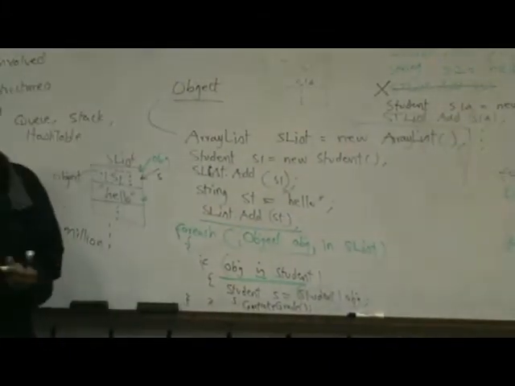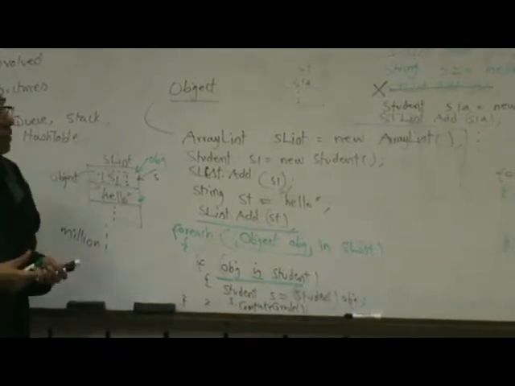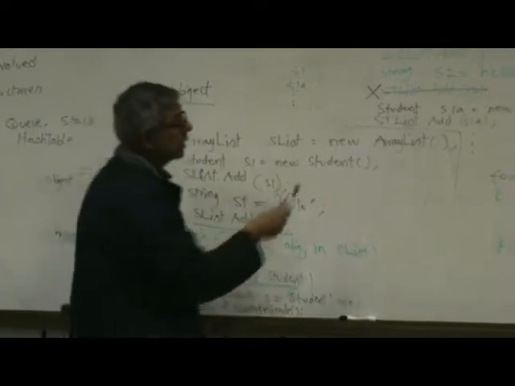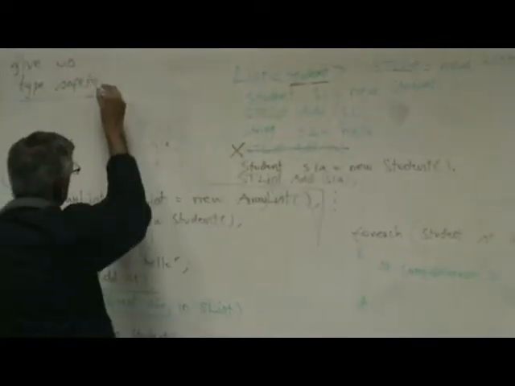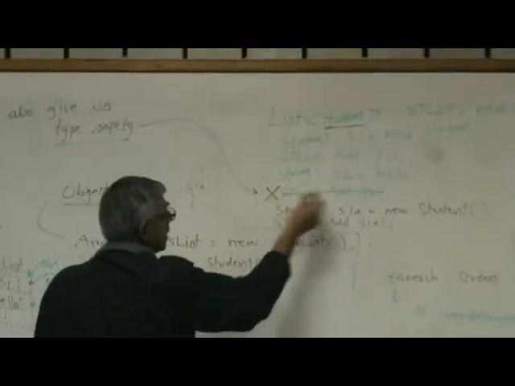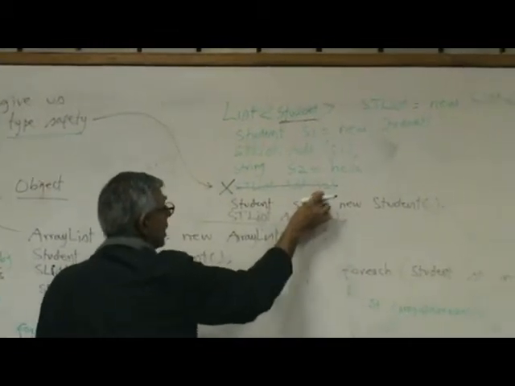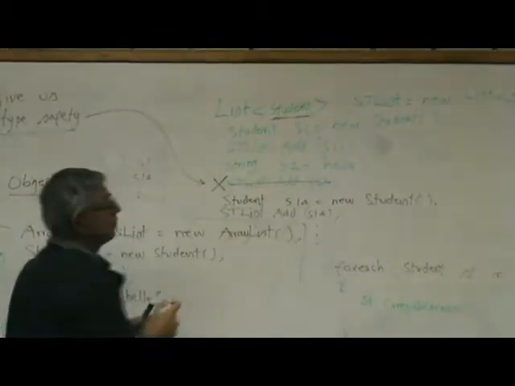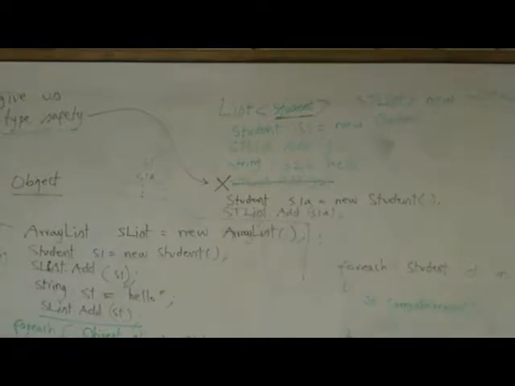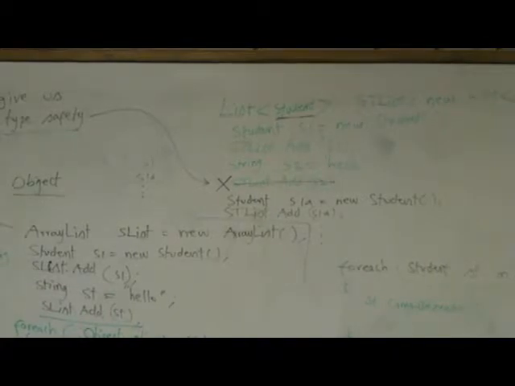Is there a need for it now? No need for it. So the code becomes extremely efficient. This is what we refer to as type safety, that nobody can add a different data type other than the one we declared in the beginning. So it gives our code a lot more reliability, as well as higher efficiency in execution.